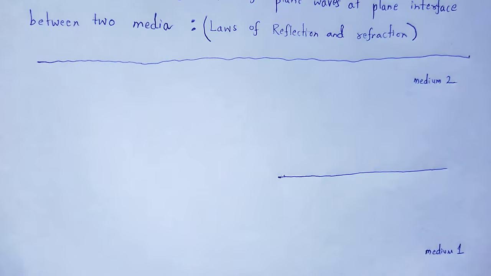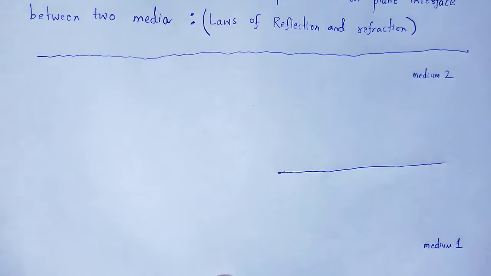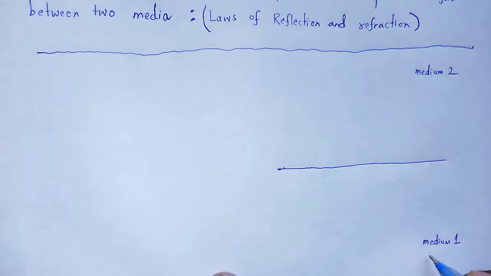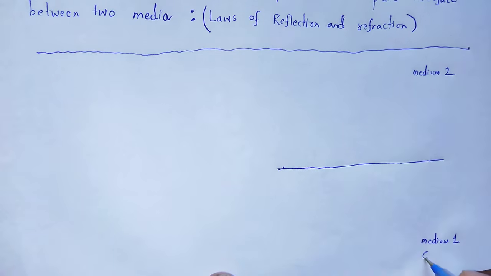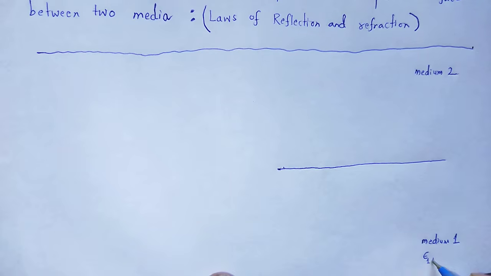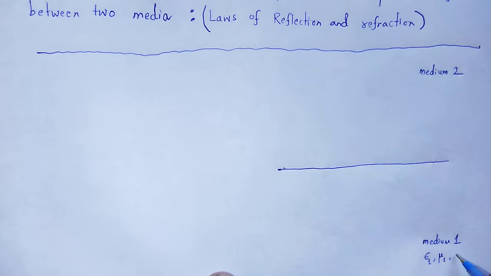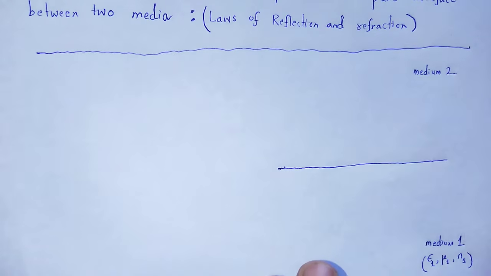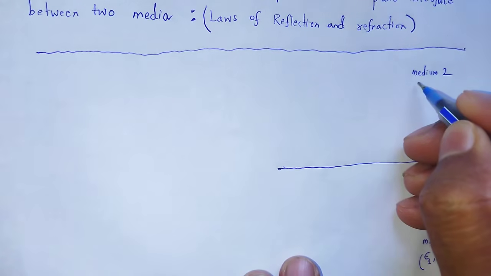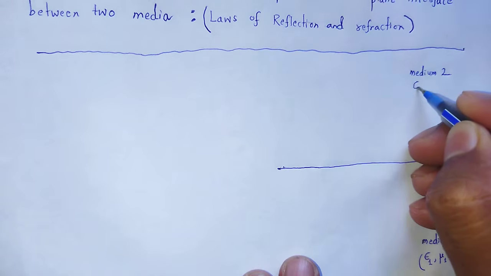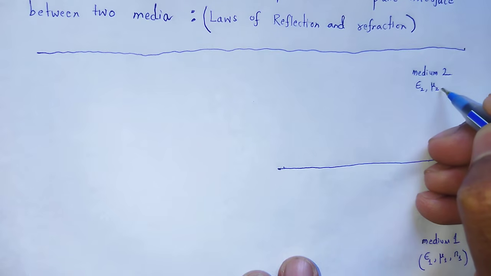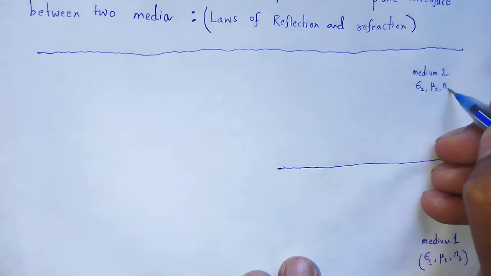The medium 1 has permittivity epsilon 1, permeability mu 1 and refractive index n1. Similarly, medium 2 has permittivity epsilon 2, permeability mu 2, refractive index n2.